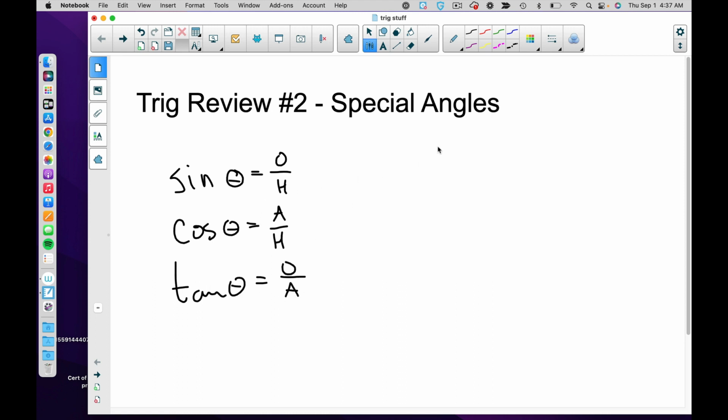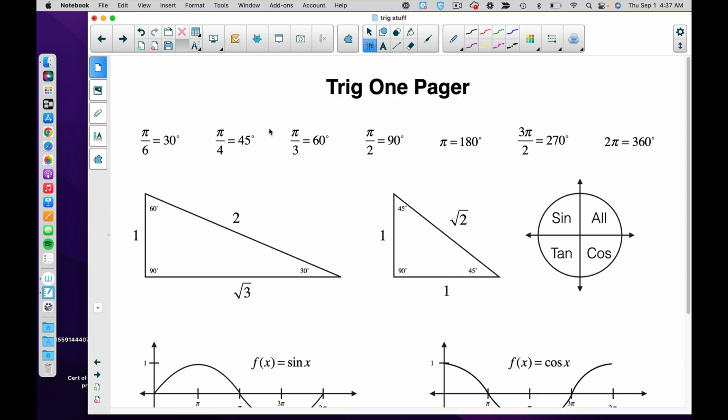That's what we're working with, but we are going to focus today and a lot in this class on special angles: 45s, 30s, 60s. Okay, that's where we're going today. And these special angles have common ratios, so we don't need to use these formulas or these ratios because we know that they're common ratios.